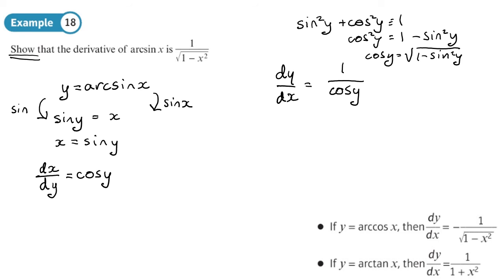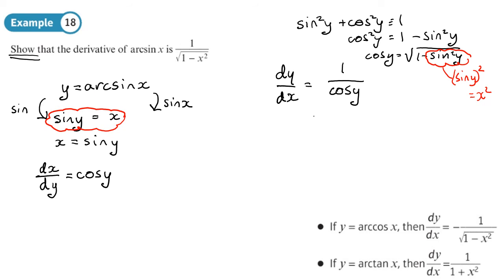Now the reason I'm doing that is because here I've got sine y equals x. So this sine squared y is the same as x squared because of what we got over here.